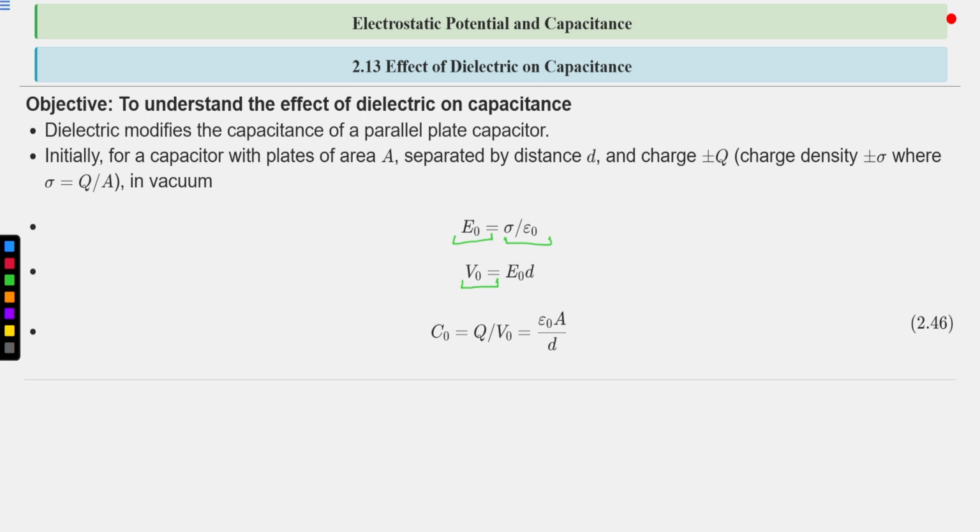So V naught is equal to E naught into d. What was the capacitance? C naught will be used as the capacitance of the parallel plate capacitor with vacuum between its plates. So C naught is equal to Q by V naught, which is epsilon naught A by d. This is the capacitance of the capacitor with vacuum between its parallel plates.